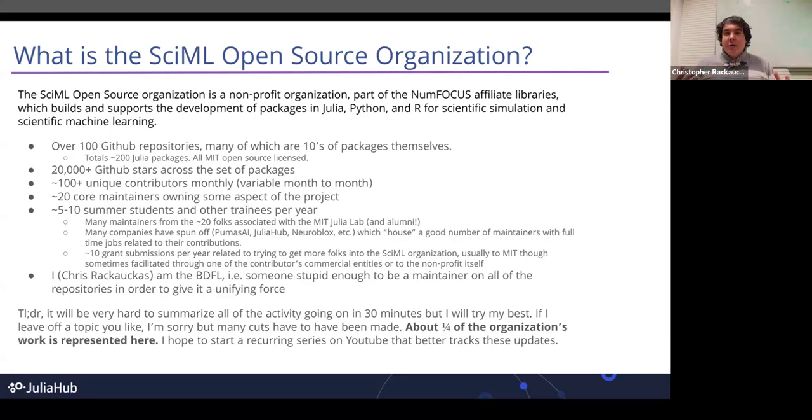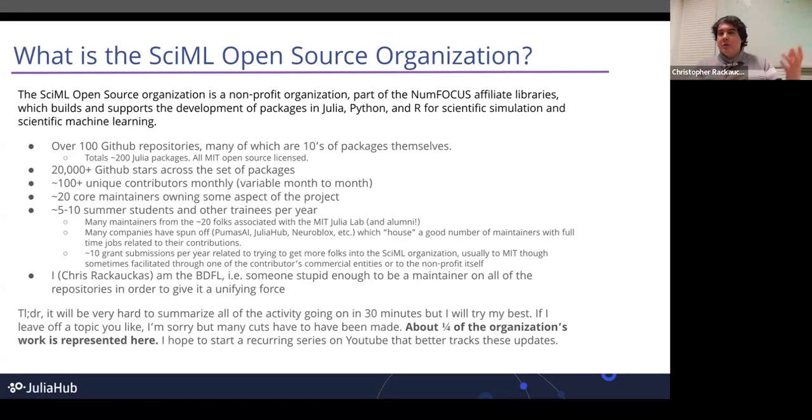With the SciML organization, we've got about 100 repositories. A lot of them have multiple packages in themselves. So we have about 200 Julia packages, almost 22,000 GitHub stars across the organization, more than 100 monthly contributors, and about 20 core maintainers who are there every single day.